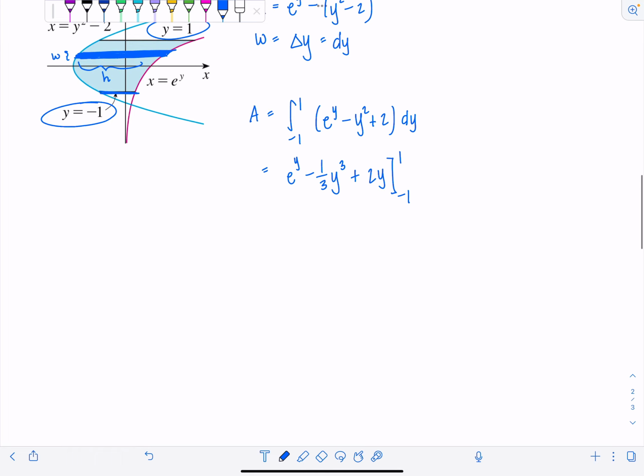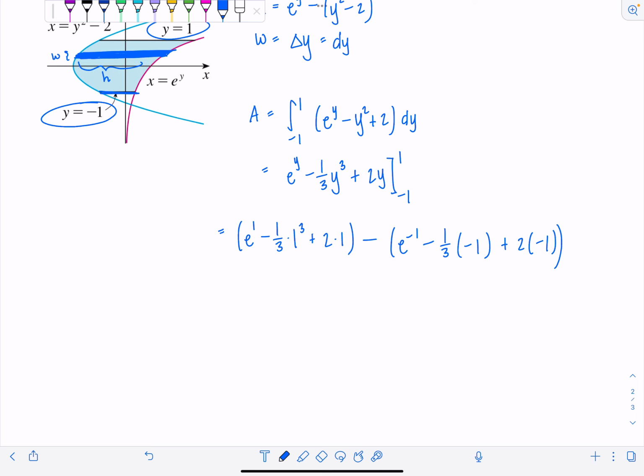Now let's evaluate this at our limits of integration. So we're going to have e to the first minus 1/3 times 1 cubed plus 2 times 1 minus, this is going to be e to the negative first minus 1/3 times -1 cubed is going to be -1 plus 2 times -1.